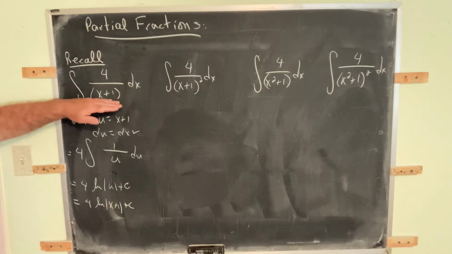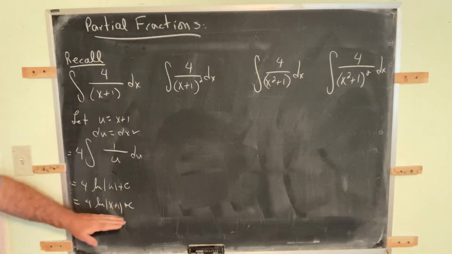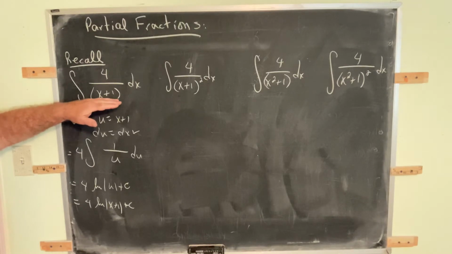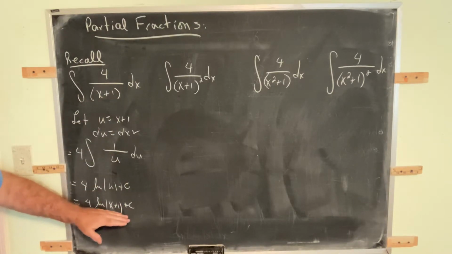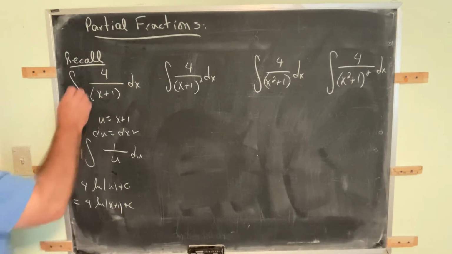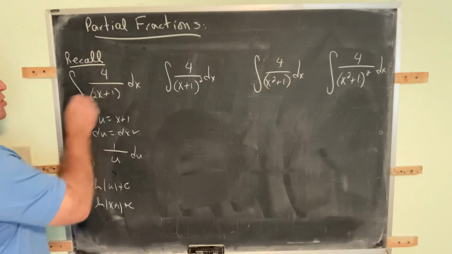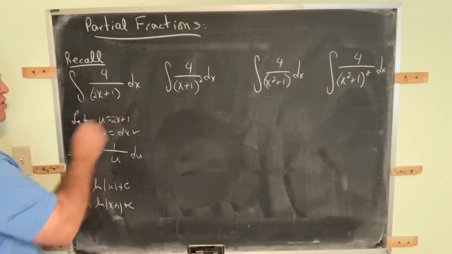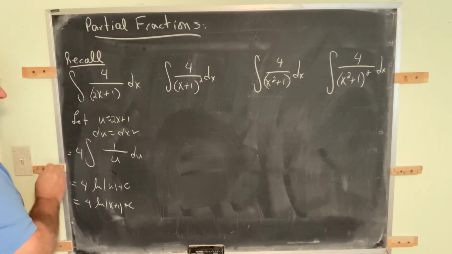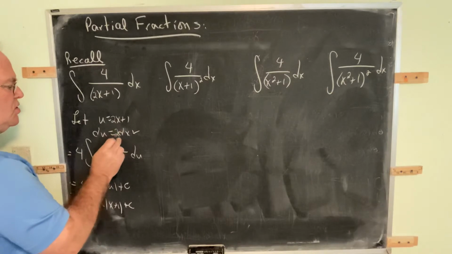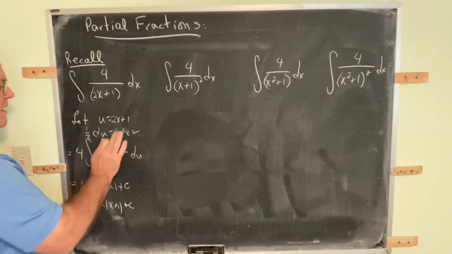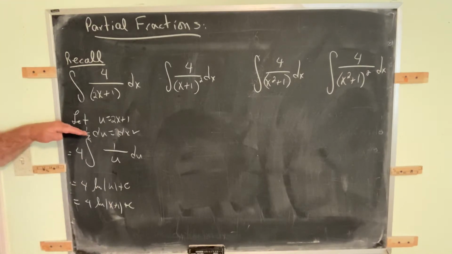There's nothing magic about x plus 1. If this had been x minus 5, this would have been natural log absolute x minus 5. If this had been x plus 3, this would have been natural log absolute x plus 3. And if there had been a 2x plus 1, the derivative would have been 2 dx, but then you move this to the other side of the equation, and now we have our 1 over a rule.